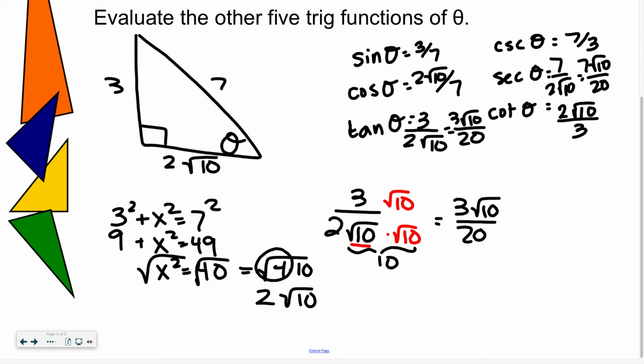So these angles, thetas, right now we don't know what they are, and we don't really care. We're just looking at the ratio of side lengths. So if you see a 30, 60, 90 or a 45, 45, 90, you're going to do like you did in the warm-up. You don't even need trig. You just know the ratio of side lengths. If you have an angle that you don't know, then one thing we would want is all the side lengths, so that we can do the different trig ratios.